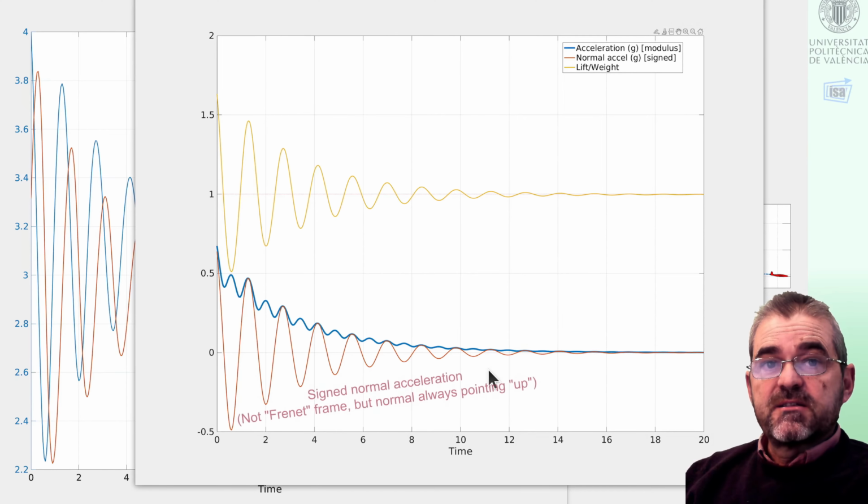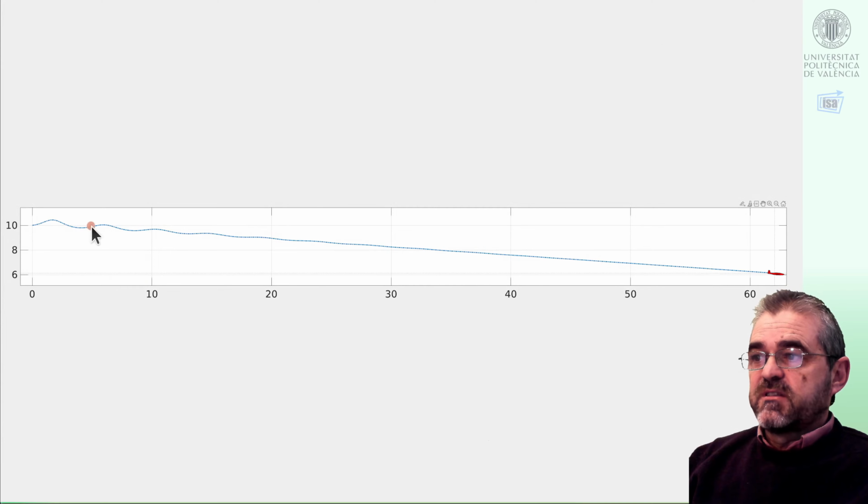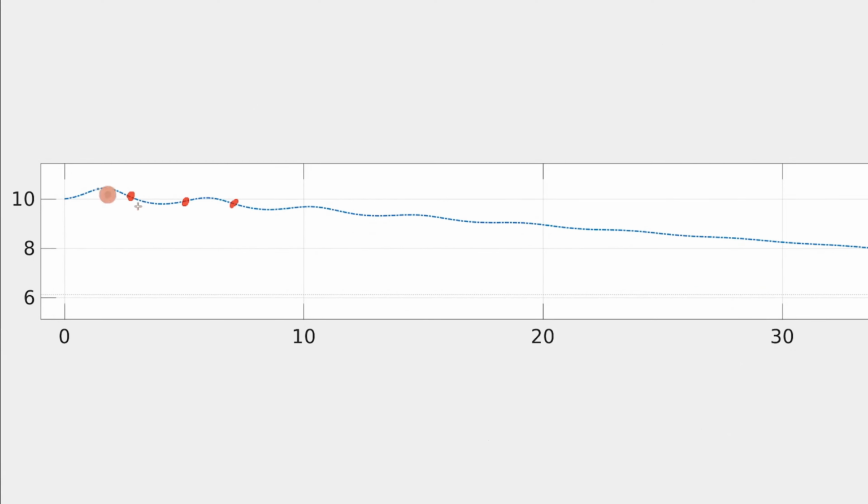The red line is the signed normal acceleration, in this case for a normal vector pointing up, and changes of sign indicate inflection points in which the trajectory changes from rotating clockwise to counterclockwise or vice versa.